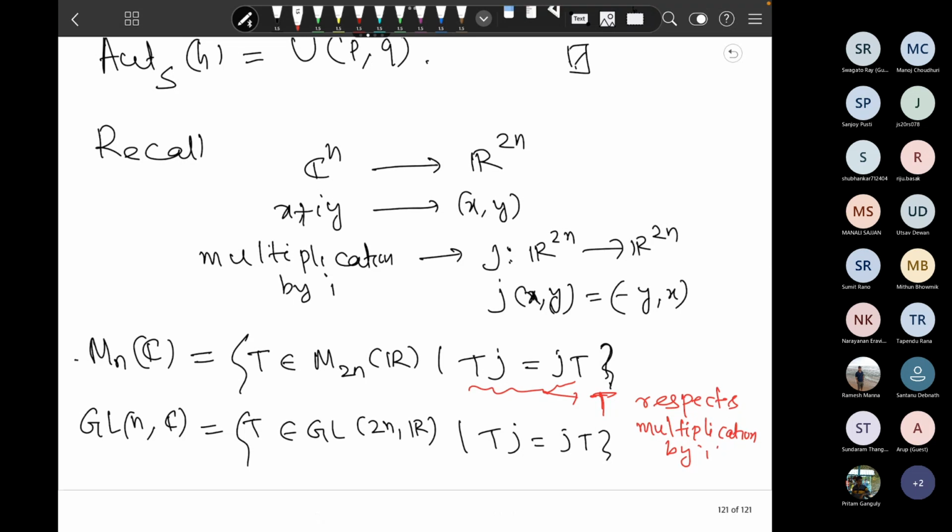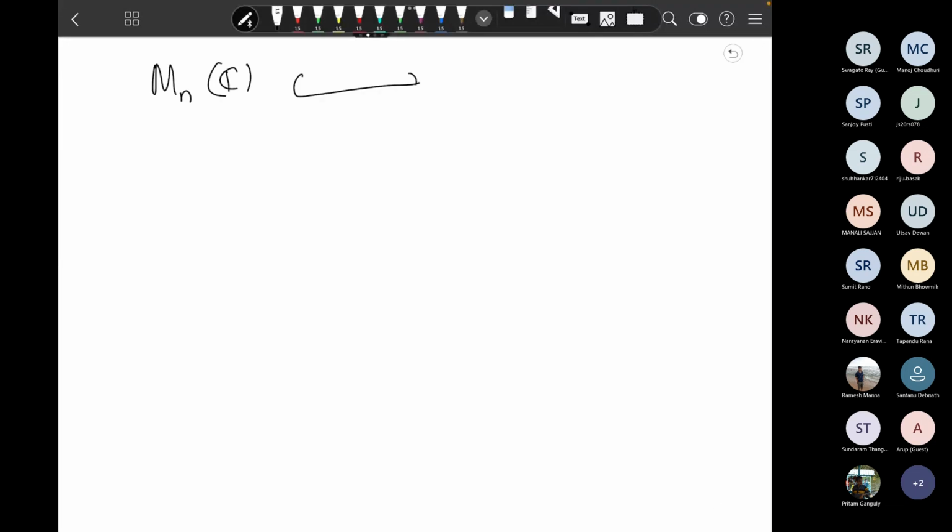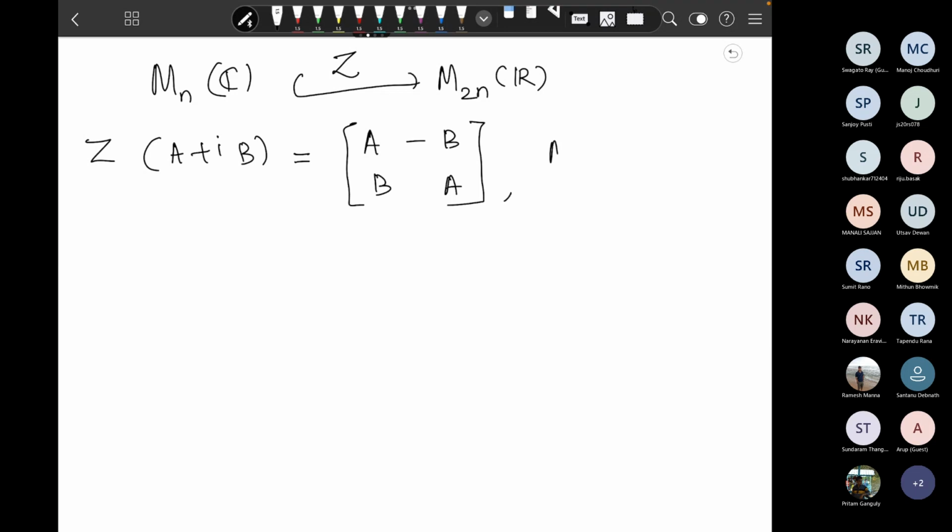So by this we will get an embedding of MnC inside something like M2n(R). We call this map Z, and Z of A plus iB was nothing but the matrix (A, minus B; B, A), where A, B belong to MnR.